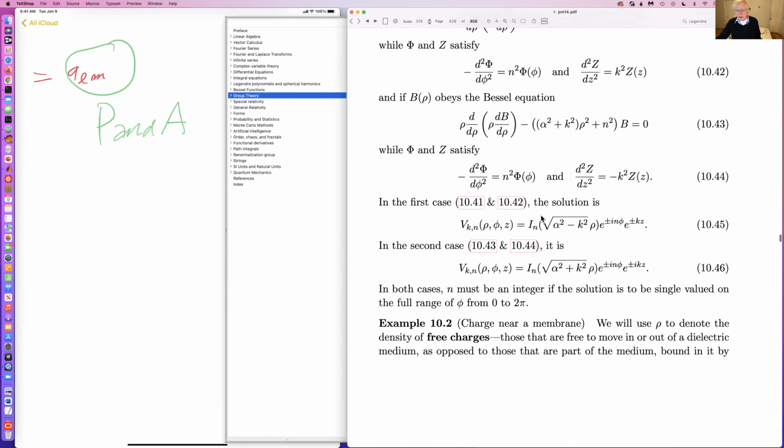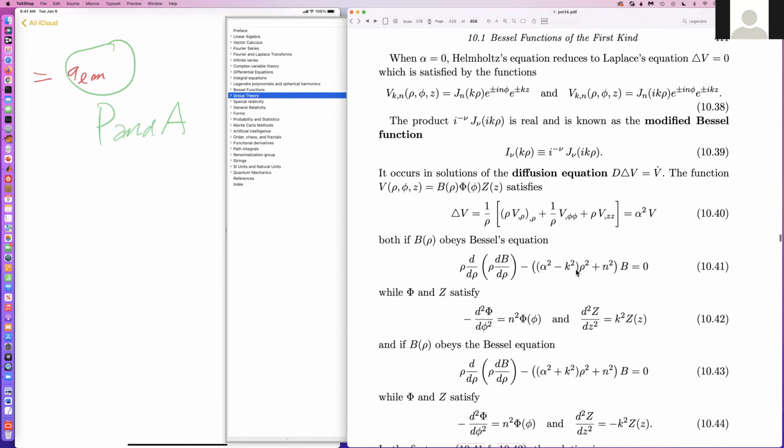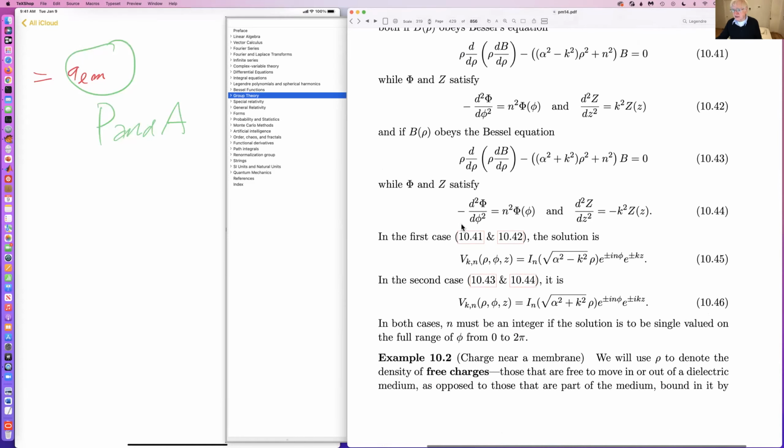And these then are the I_n Bessel functions of alpha squared minus k squared over alpha squared plus k squared. And the I_n are these Bessel functions of imaginary argument, and they're called modified Bessel functions.